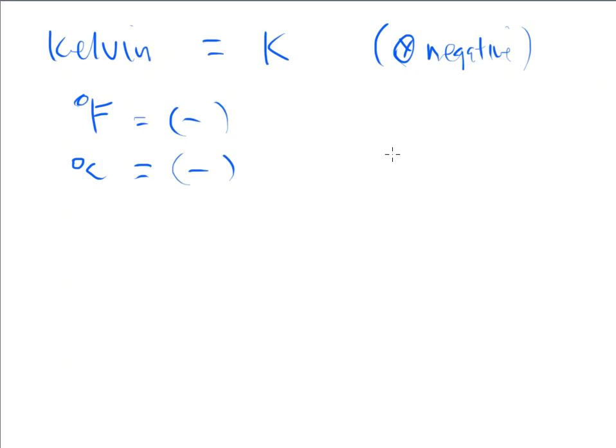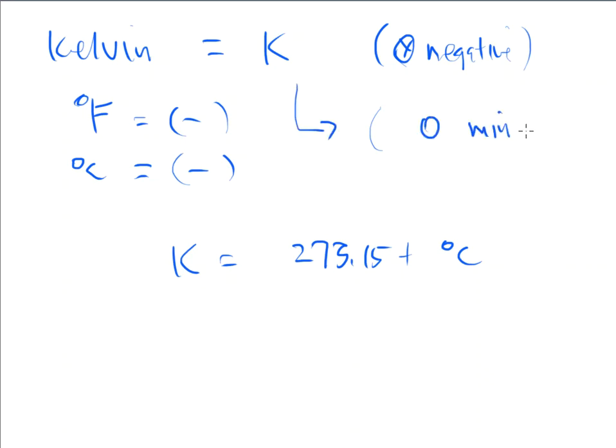To get Kelvin, it's pretty simple. I take 273.15 and add my degrees Celsius onto that number. The reason we add 273.15 is because Kelvin will stop at 0. Zero is the minimum number on the Kelvin scale.